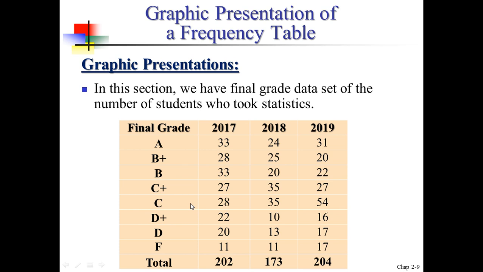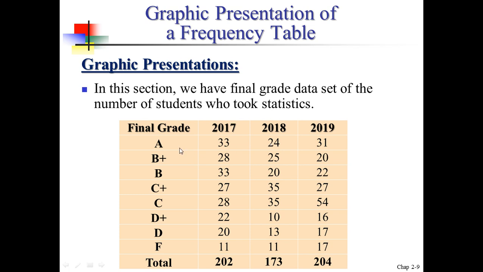Okay, suppose this is the data that I got from 2017, 18, 19, the number of students who took the statistics course. In 2017, 33 students got A, 28 got B plus, 33 got B, 27 got C plus, 28 got C, and the rest are here.